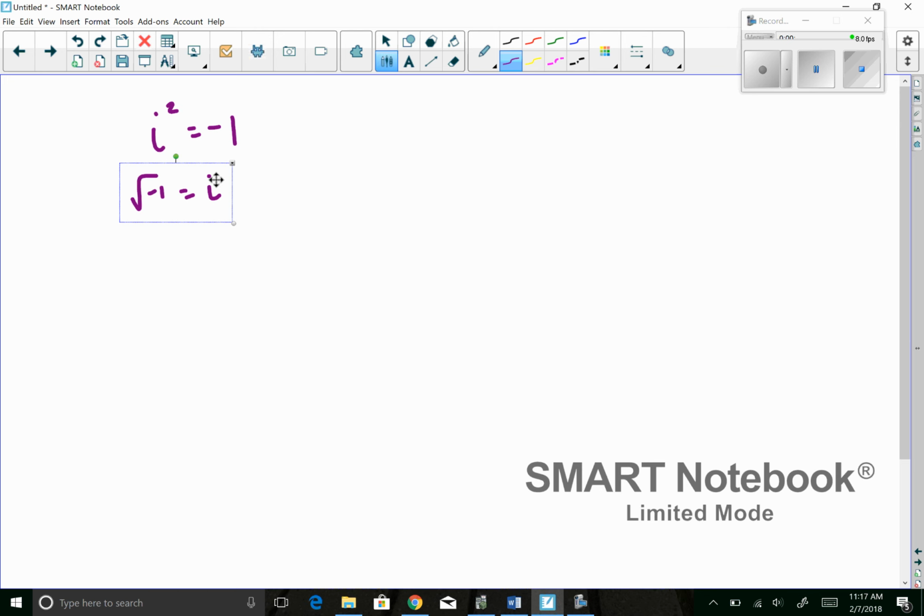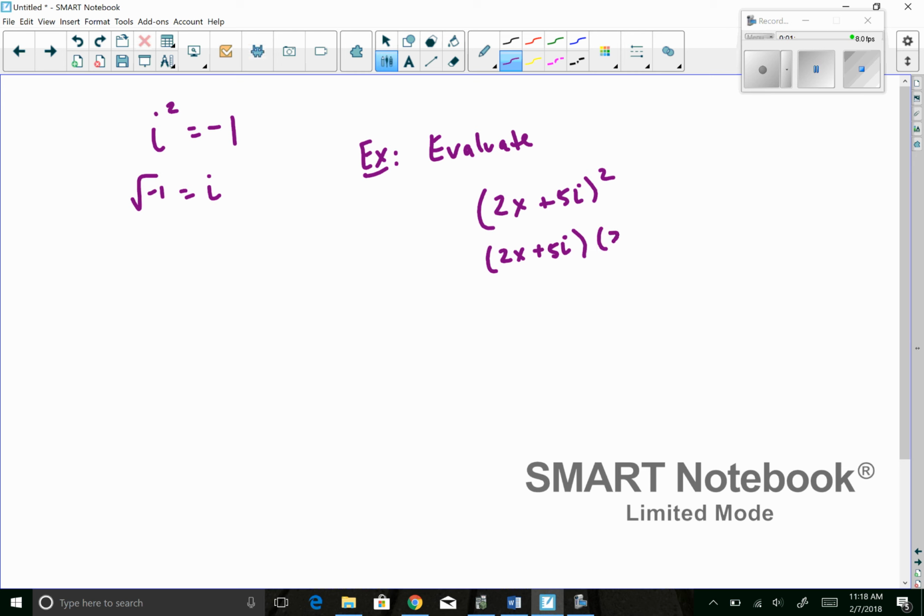Now, a question I could ask you that deals with using i would be something like evaluate (2x plus 5i) squared. Notice I have a variable in there. The variable causes it so that you can't just type it in the calculator and get the answer. So as soon as I see something squared, I know that I have this binomial multiplied by itself.